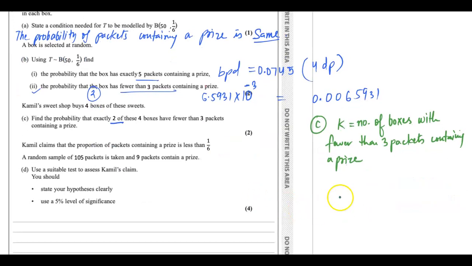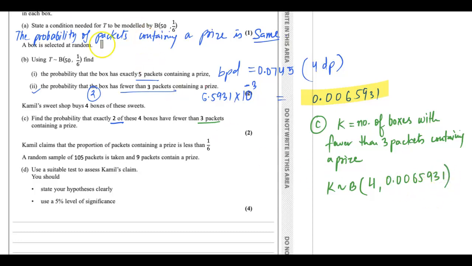If we have to model it, we have 4 boxes, and we have already found the probability of fewer than 3. So we are going to use this probability here, 0.0065931.